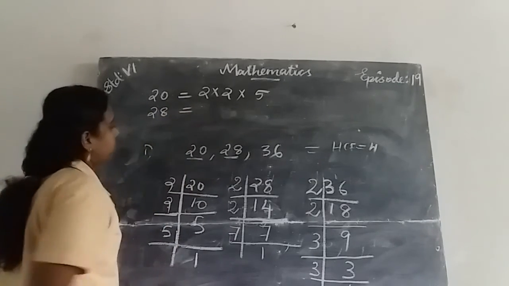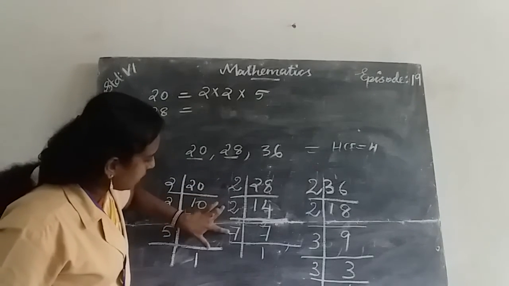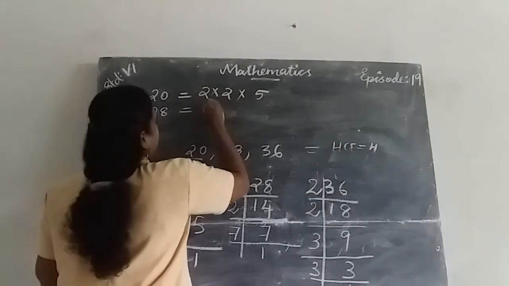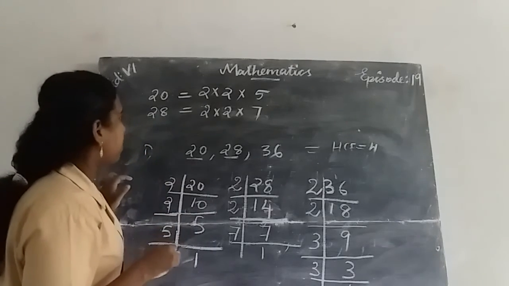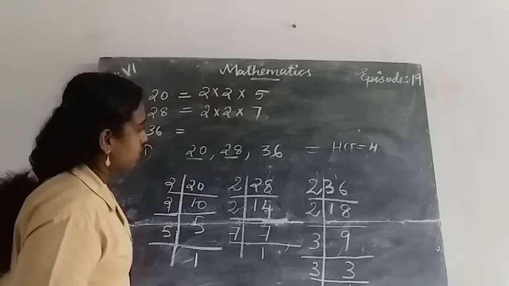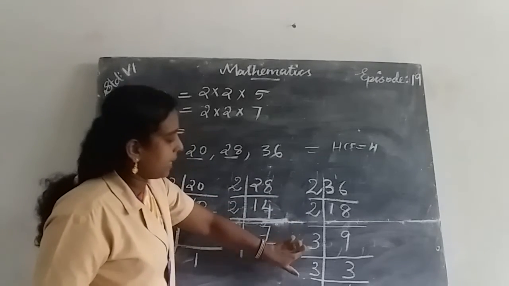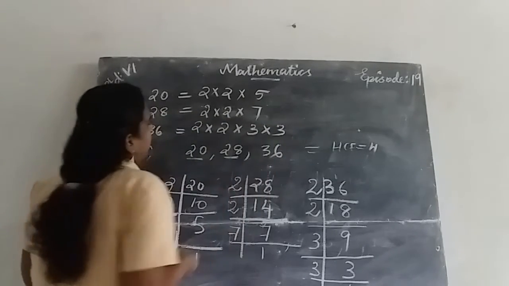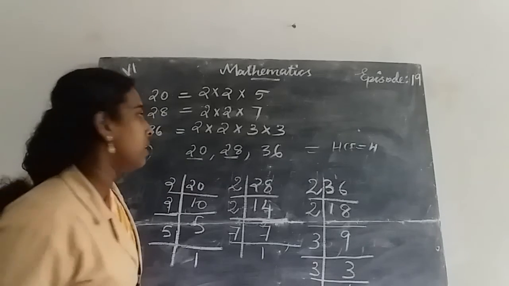Prime factors of 28 are 2 into 2 into 7. And the next number 36. So the prime factors of 36 are 2 into 2 into 3 into 3. These are the prime factorizations of these three numbers. Okay.